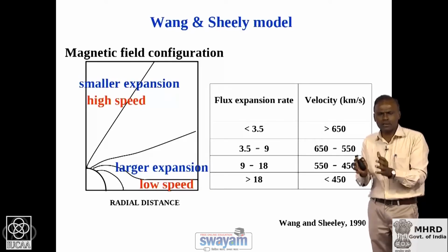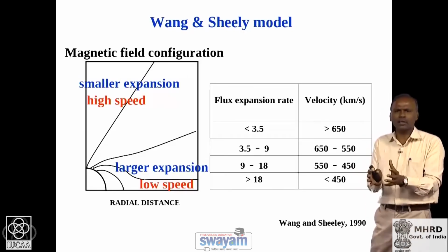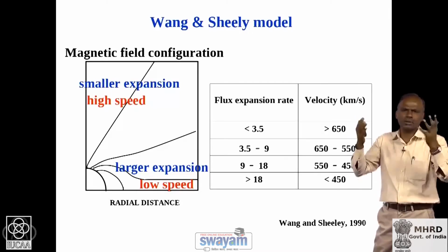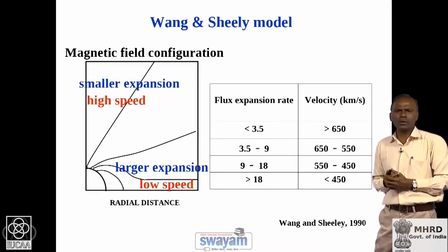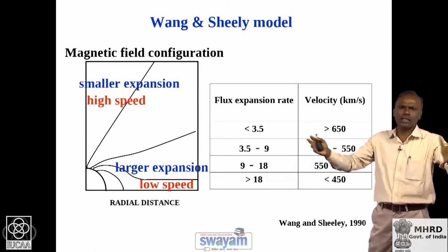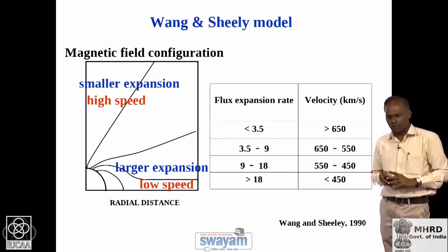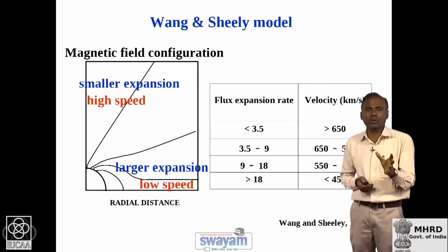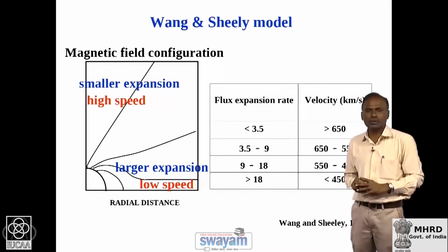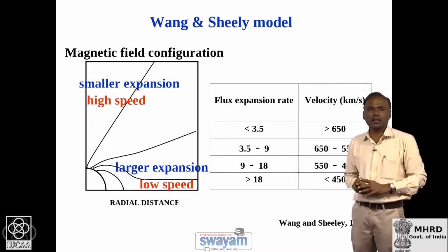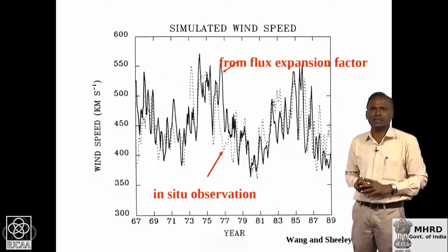So, the expansion factor is the factor from the base of the sun, the photosphere, to about 20 solar radii above the sun. If this magnetic field is showing huge divergence, it involves low speed wind. So, the magnetic field plays a crucial role in accelerating the solar wind. First of all the thermal part, and then the magnetic field expansion plays a role.